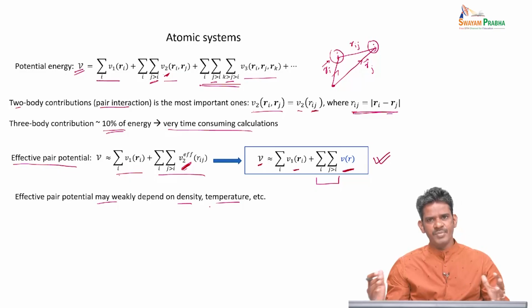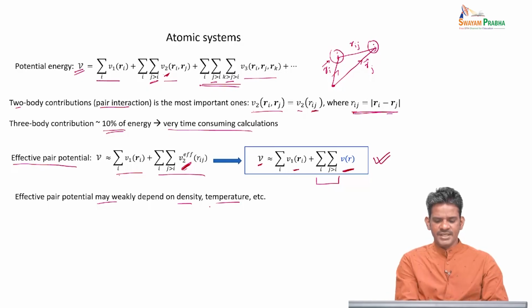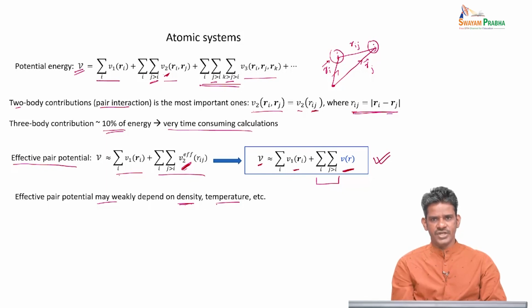But since we are mapping the other body interactions into pair interactions, and then when we try to match the experimental data, we sometimes tweak the parameters of the pair potential, and you will see small variations in these parameters as temperature and density are changed. So this is not always the case, but we have to keep in mind that these parameters could be a little bit sensitive to experimental conditions.